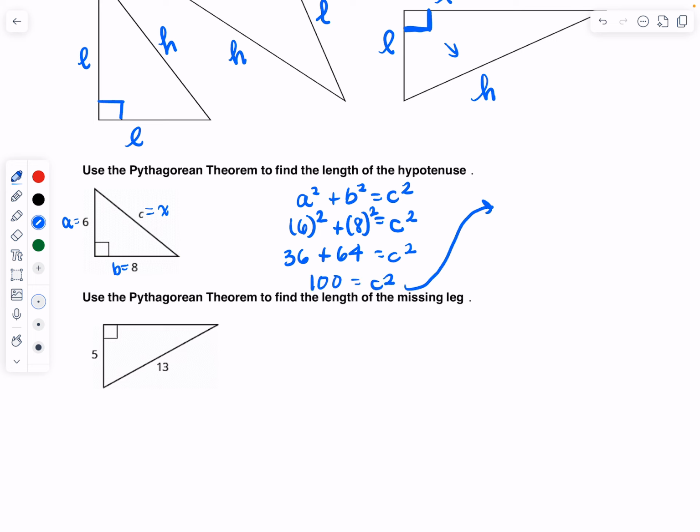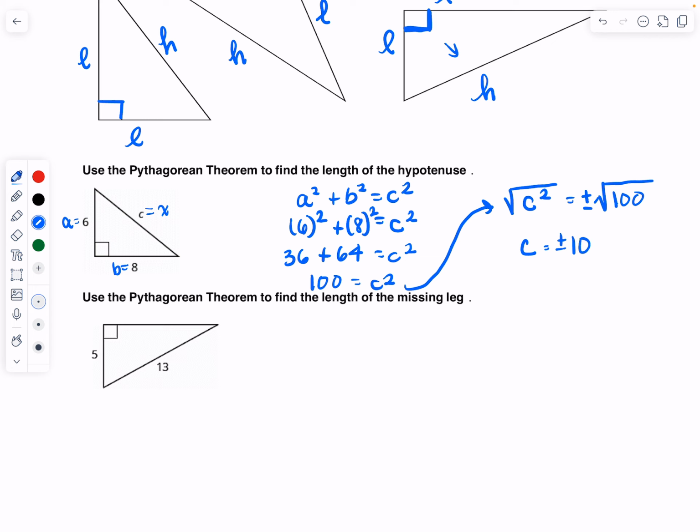Now, in order to solve something squared, the opposite operation of it is to take the square root of it. And what you do to one side, you have to do to the other. So what I get here is the square root of c squared, which is just c, equals plus or minus the square root of 100, which is 10. The square root of 100 is 10.